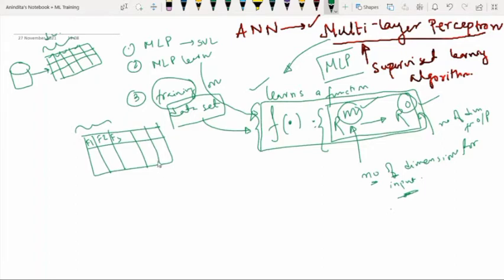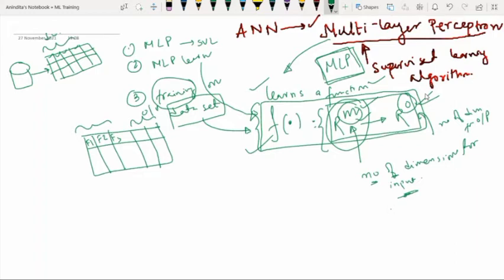In the data set, we may have more than one output also. So basically, this multi-layer perceptron can perform learning of a function which will map m-dimensional inputs to o-dimensional output. So O means the number of dimensions of output, right?